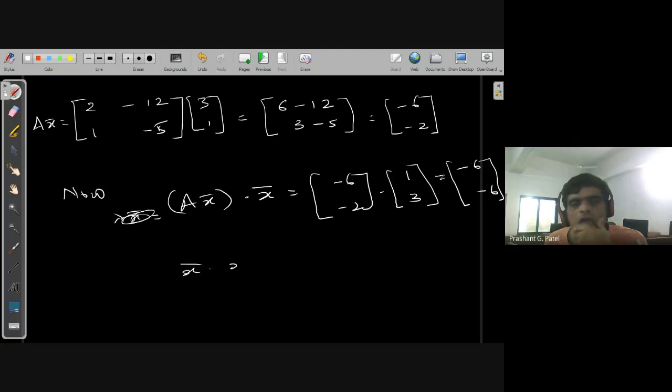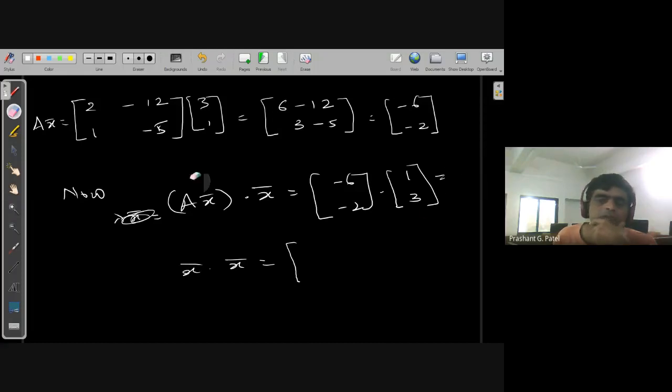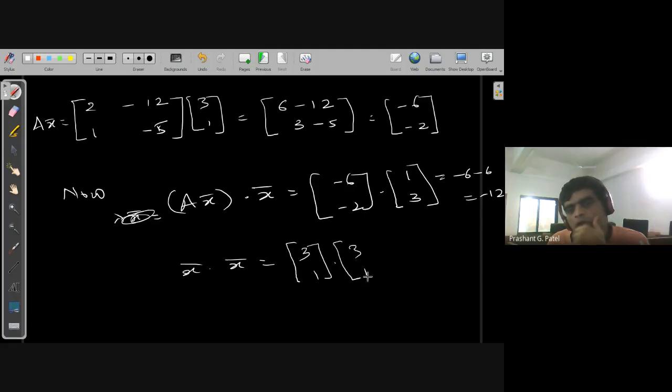And what is X bar dot X bar? This has to be a scalar quantity. X bar dot X bar is (3, 1) dot product with (3, 1).